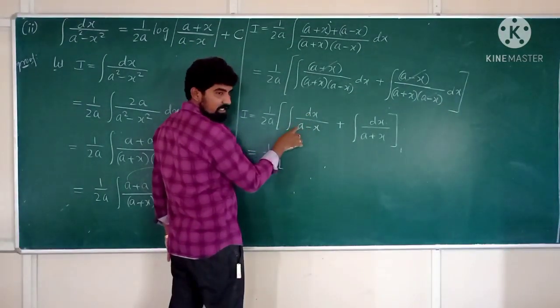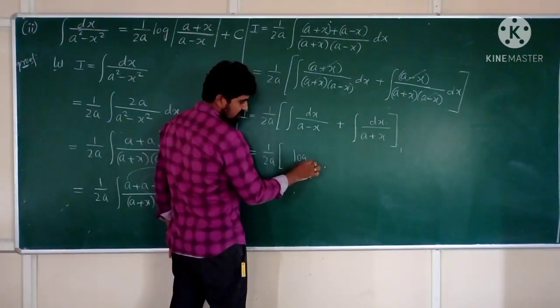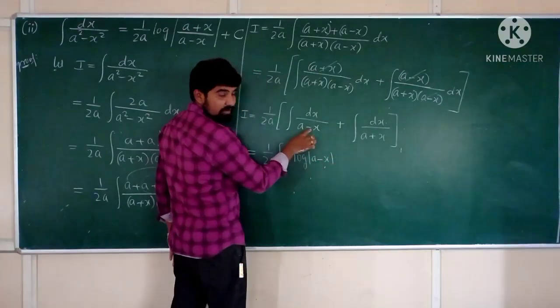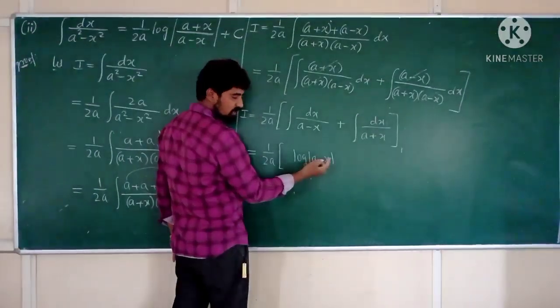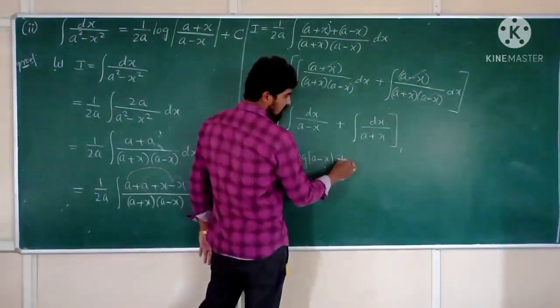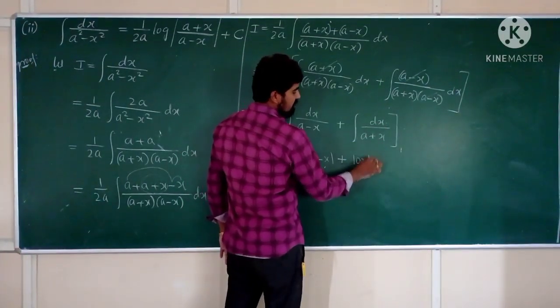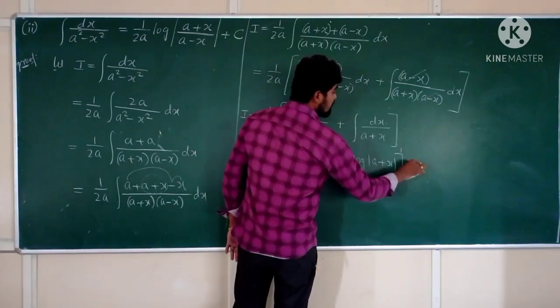Integration of dx divided by a minus x is log of a minus x divided by minus 1. So log of a minus x divided by minus 1 can be written as minus log of a minus x, plus integration of dx divided by a plus x is log of a plus x plus integral constant c.